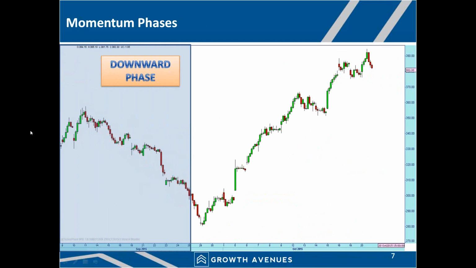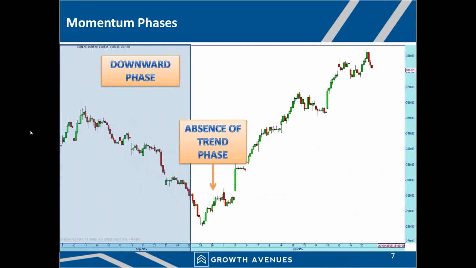Then we enter an absence of trend phase. In technical analysis, there is no sideways trend. It's a colloquial term. There are only two phases. One is uptrend or downtrend.